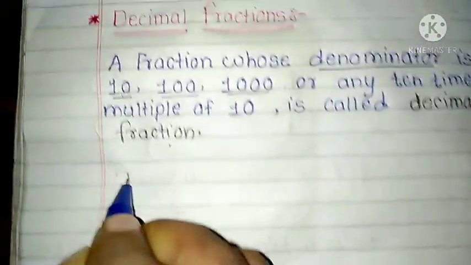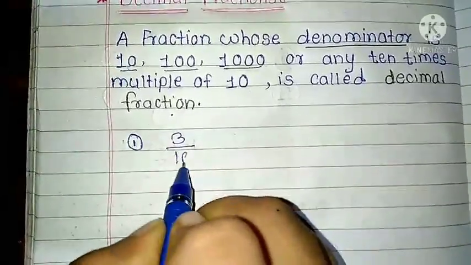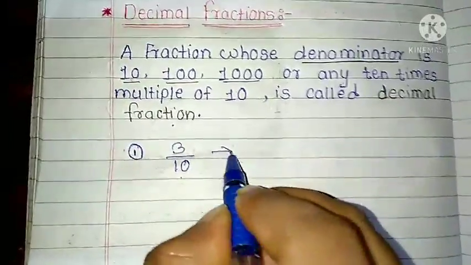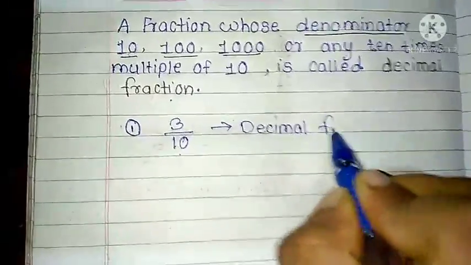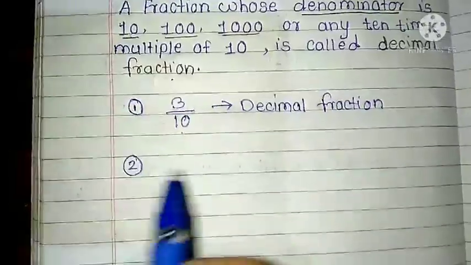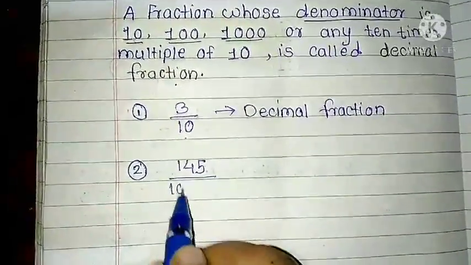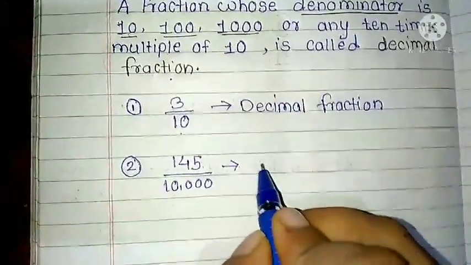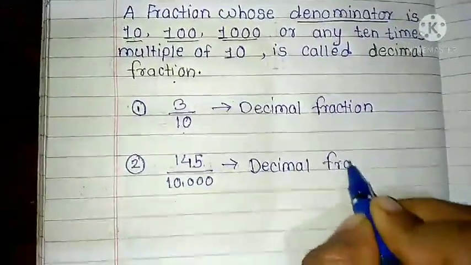For example, I am writing here 3 upon 10. Check here, the denominator is 10, so it is a decimal fraction. Then I write another number, 145 upon 10,000. Yes, it is a multiple of 10, so it is also a decimal fraction.